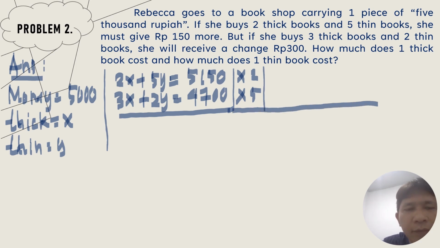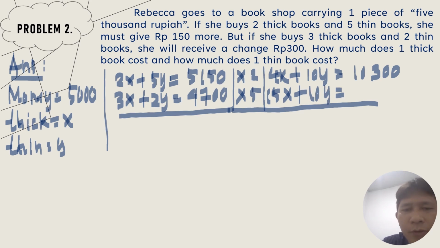Here we have 4x plus 10y equals 10,300 rupiah. And then here we have 15x plus 5 times 2, 10y, equals 23,500 rupiah.